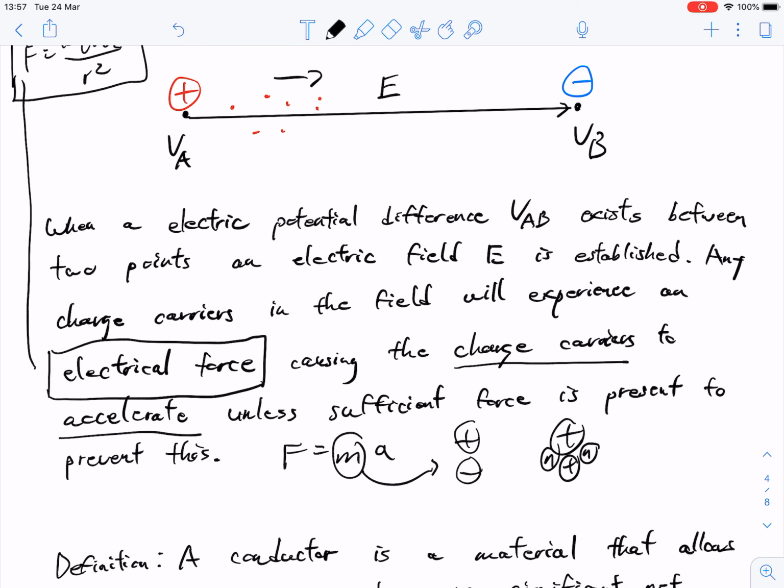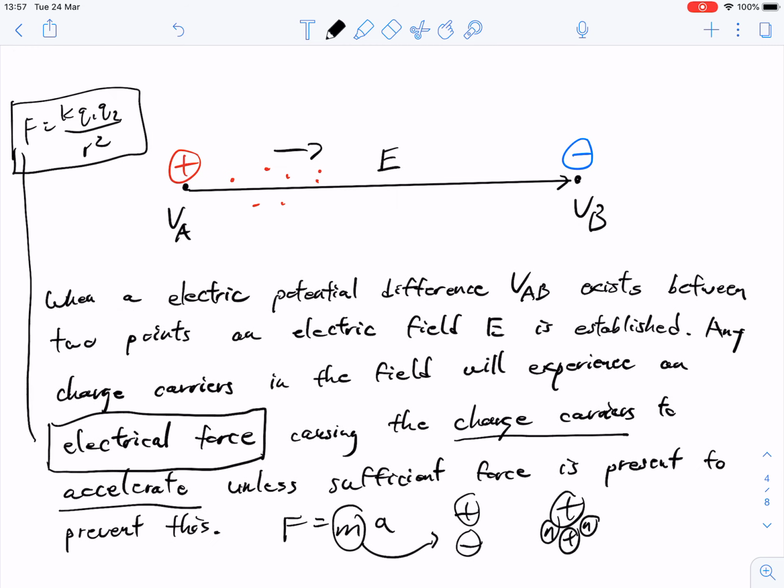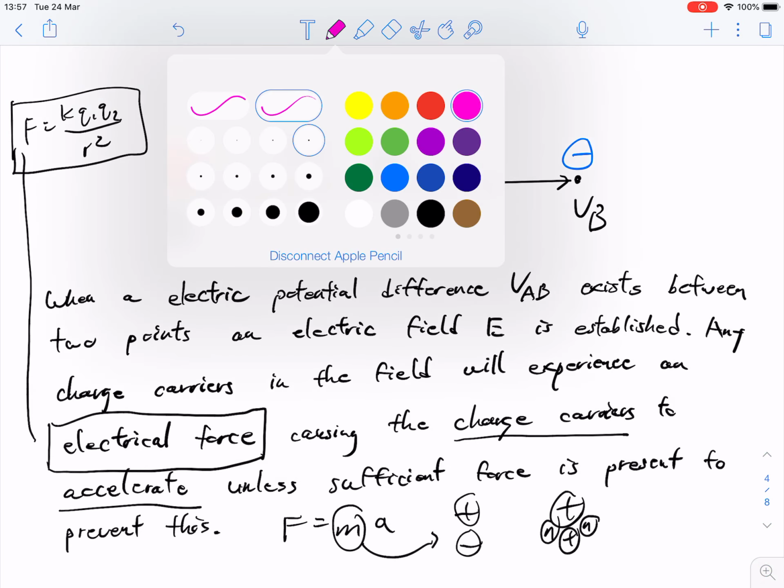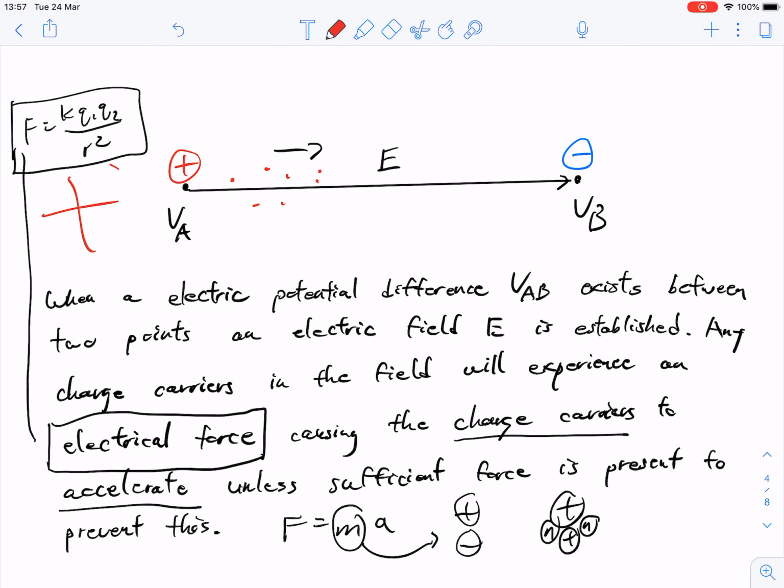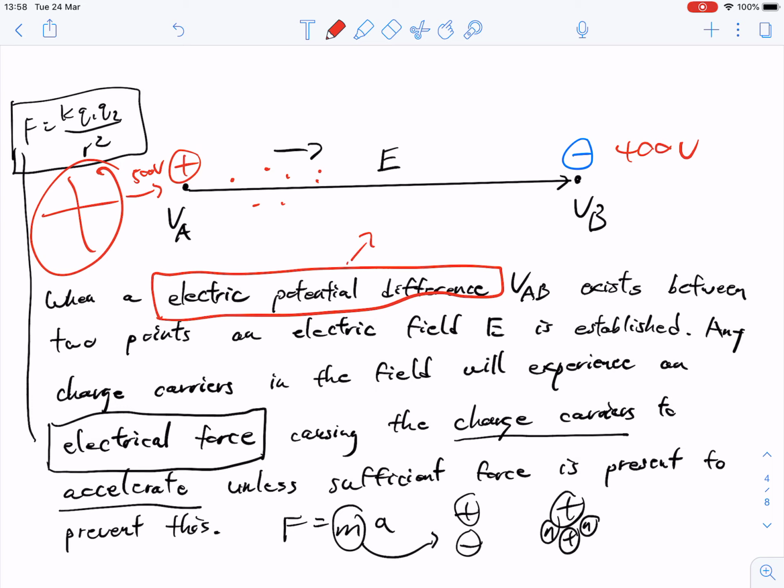So using electric potential difference, sorry, let me just back up here a little bit for electric potential difference. So imagine that we have like the big charge here. Okay, so over here we might have something like 500 volts, and then over here we might have 400 volts. Okay, so the electric potential difference in this case would be 100 volts.